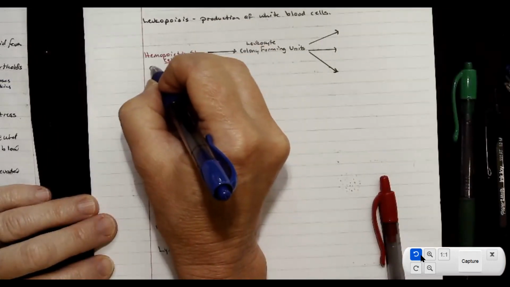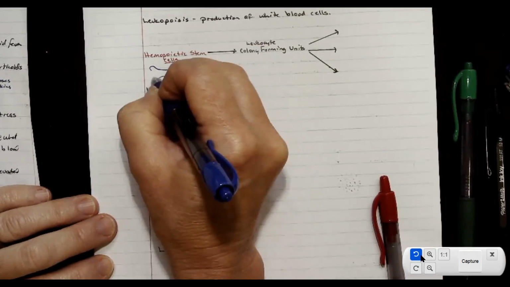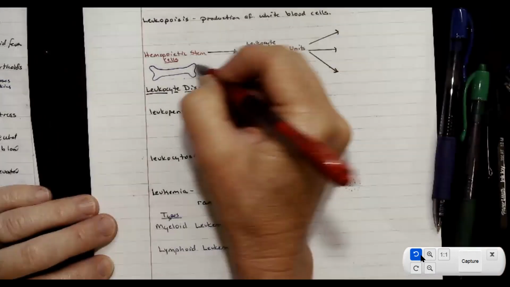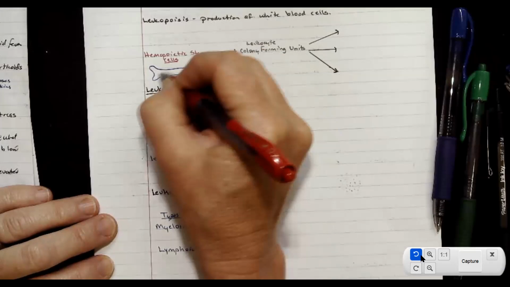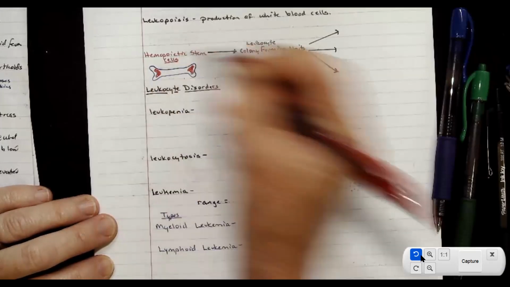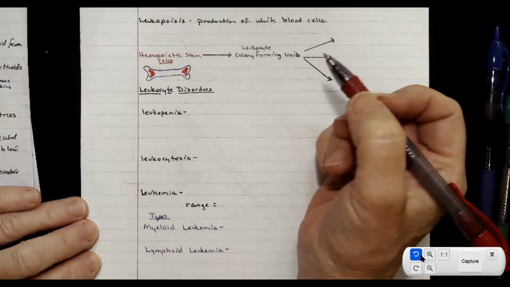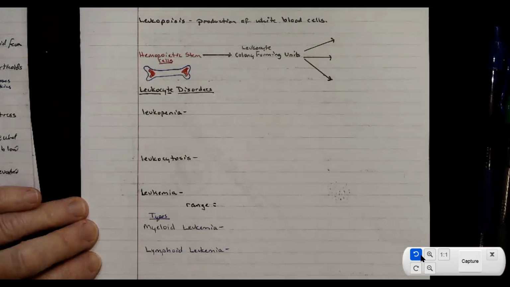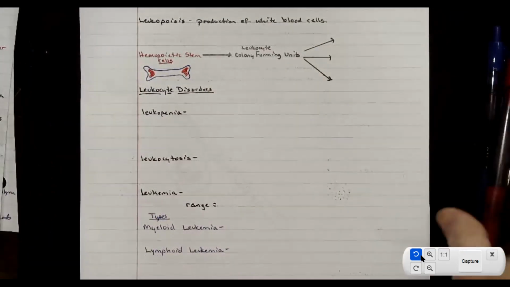In the bones, you have this special stem cell tissue. This is where we get our red blood cells from here, as well as our white blood cells from here. So just like the erythrocyte colony forming unit, we have leukocyte colony forming units.